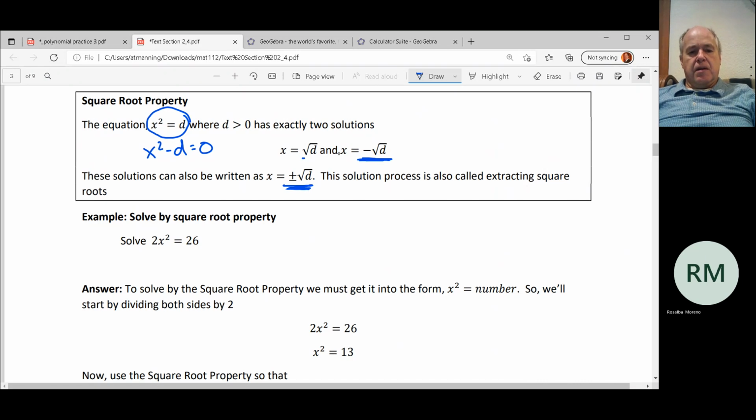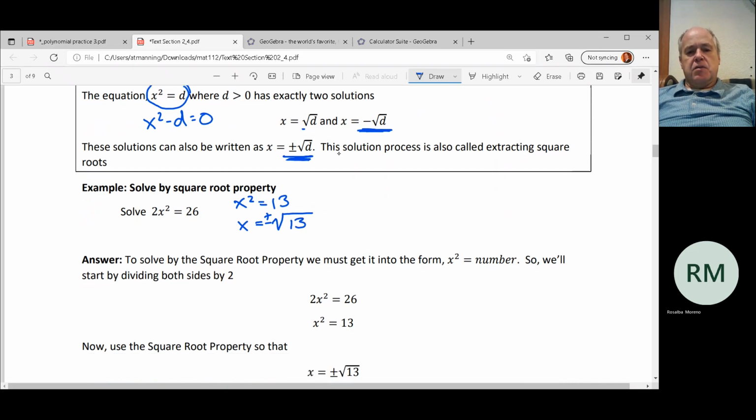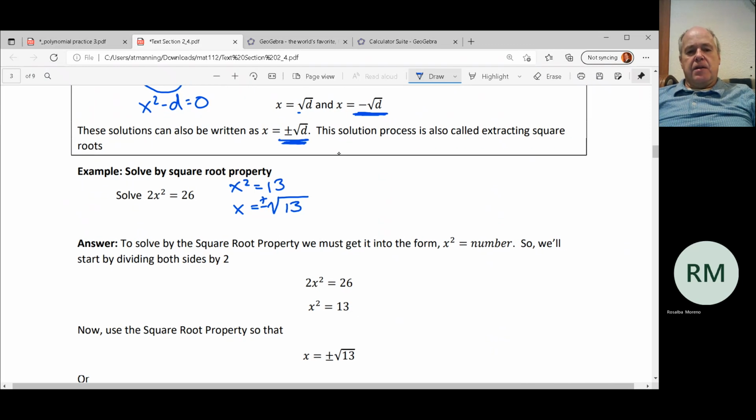First of all, they factor out the 2, so they get x squared equals 13. Now I know that x is equal to plus or minus the square root of 13.